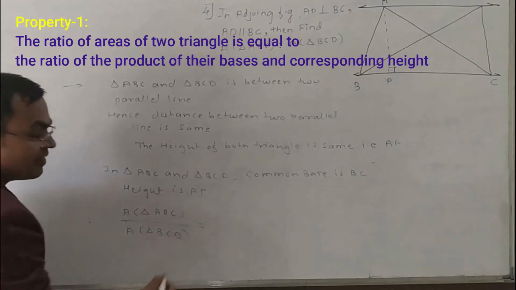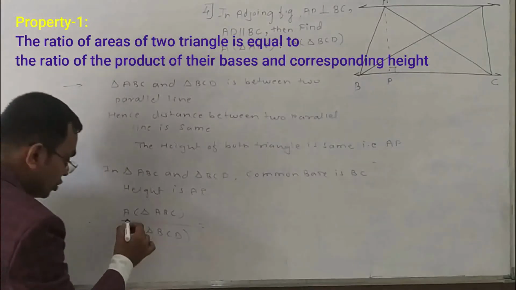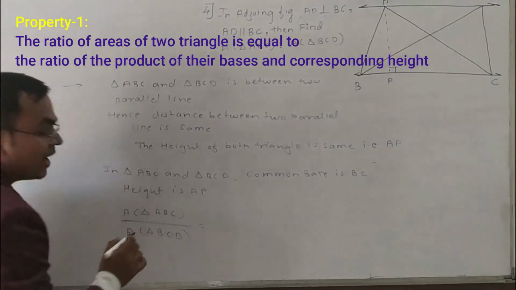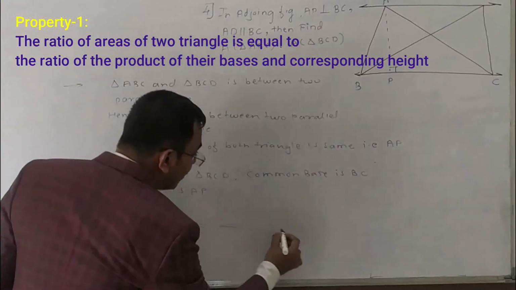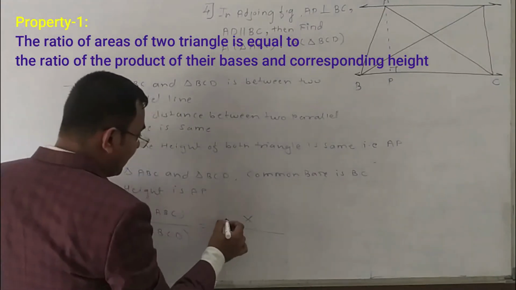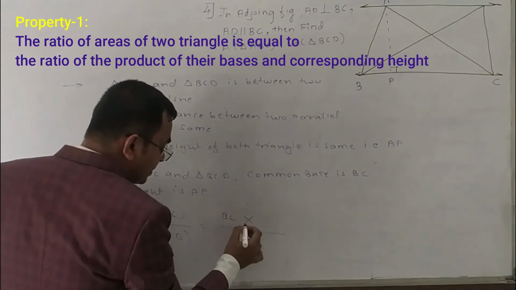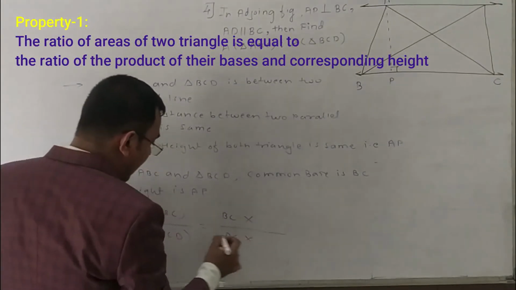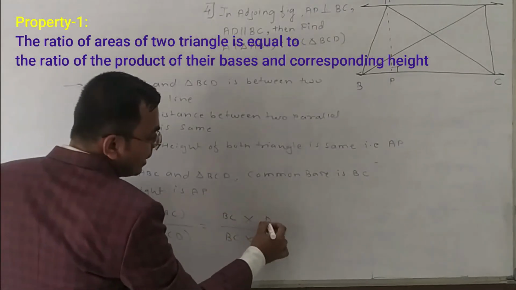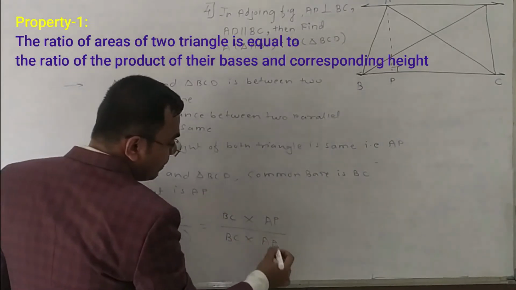As per the property, the ratio of areas of two triangles is equal to the ratio of the product of their bases and corresponding heights. The base is common, that is BC, and the height is also the same, AP.